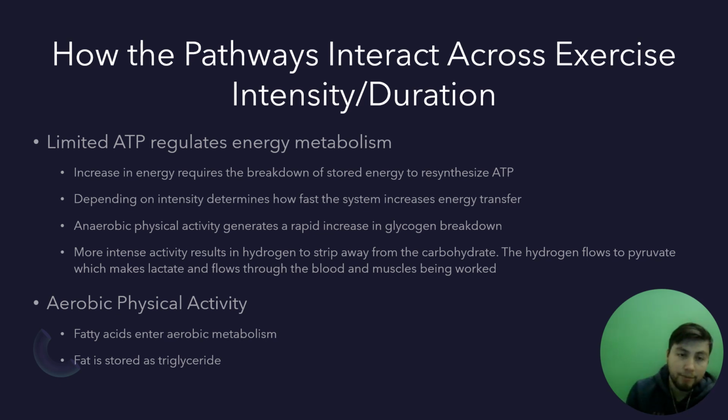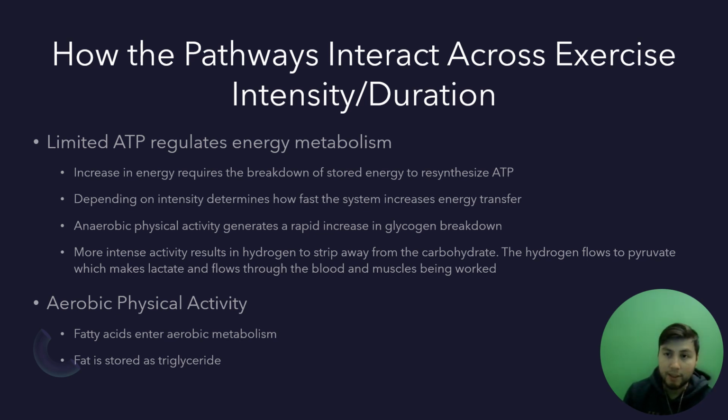So obviously we know what anaerobic and aerobic physical activities are. It is said that anaerobic physical activity generates a rapid increase in glycogen breakdown, because anaerobic doesn't have to deal with oxygen.